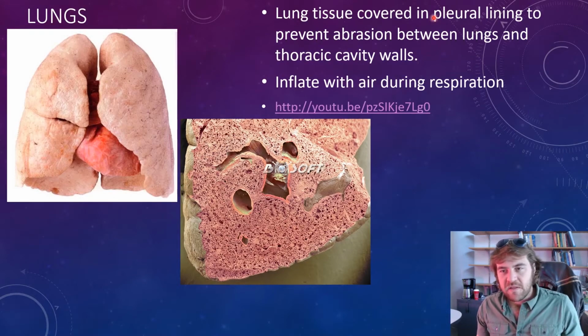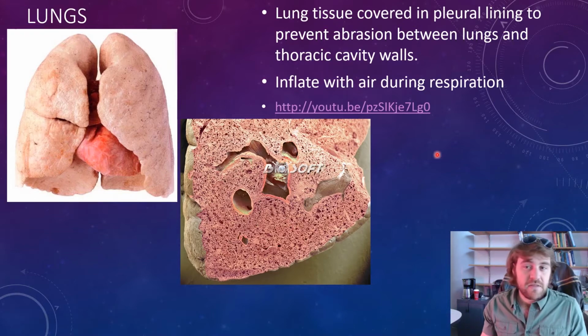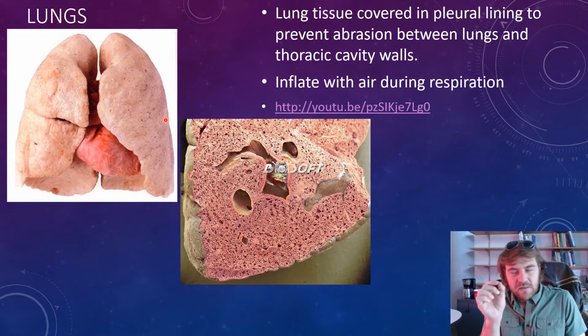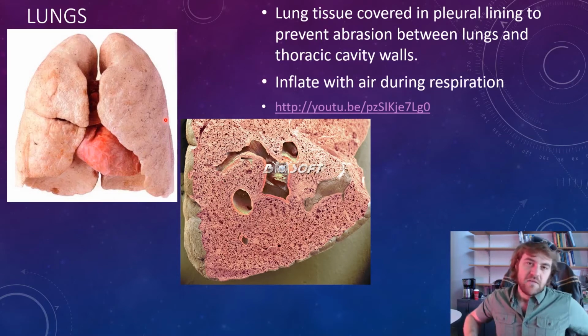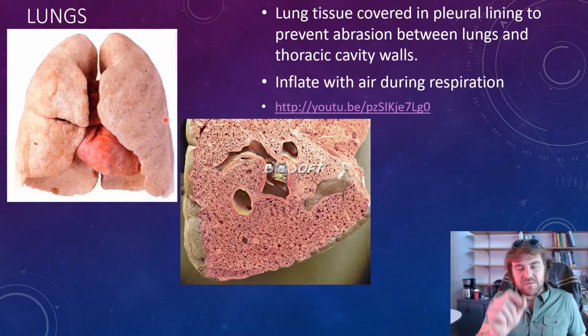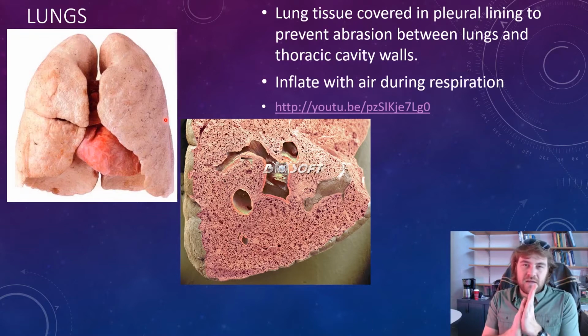So you have something called pleural lining, which actually lines the outside of the lungs. You can't really see it here, but you'd have something called a pleural lining, like a very thin film of cells. It's cells that secrete mucus. Those are on the inside of the chest wall, and then also on the outside of the lungs. Essentially what this does is it creates a surface that has less friction and prevents abrasion between the lungs and the thoracic cavity.